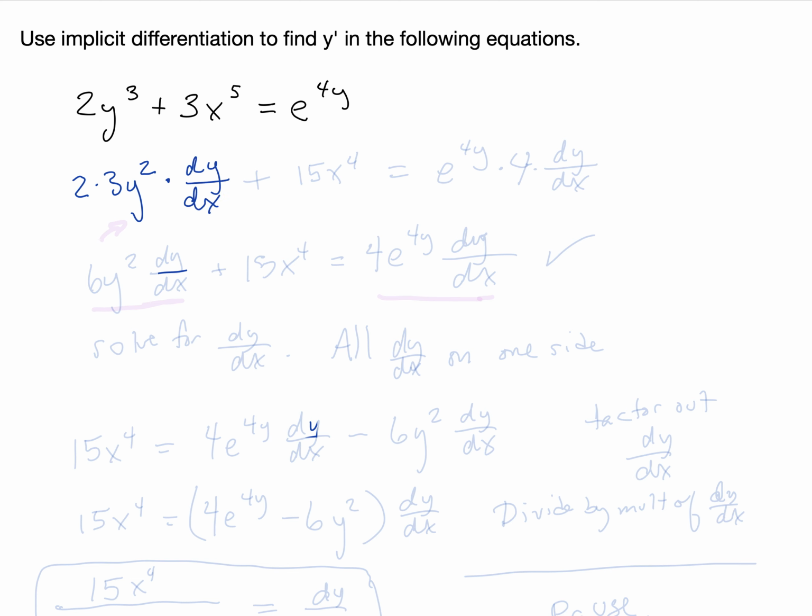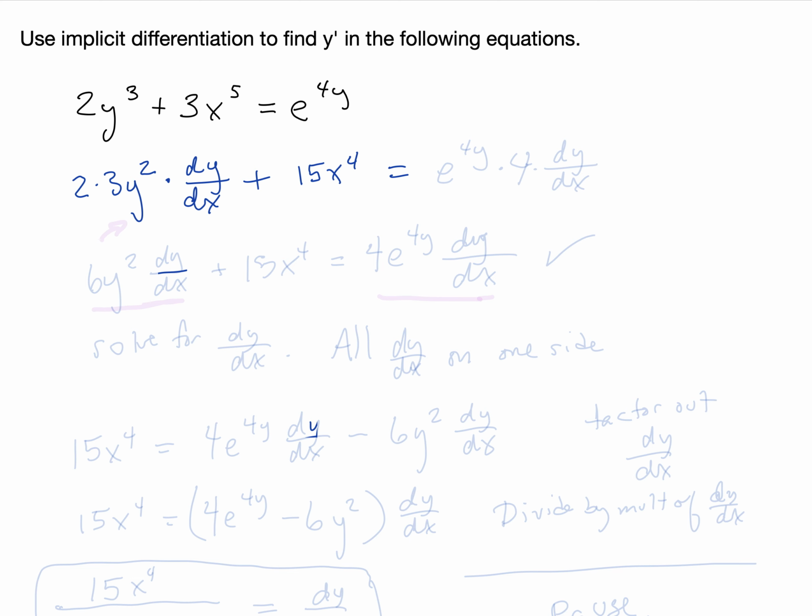So that's the derivative of 2y cubed plus the derivative of 3x to the fifth. We can just take this normally because we're assuming that everything is a function of x. So this would just be 15x to the fourth, like normal, equals the derivative of e to the 4y.